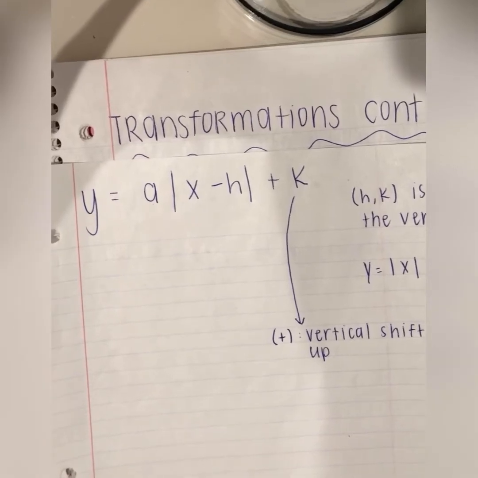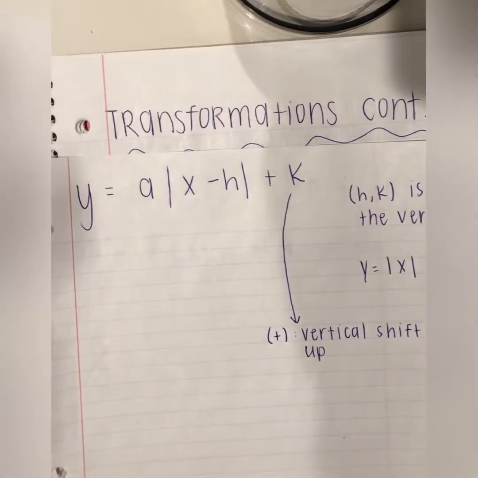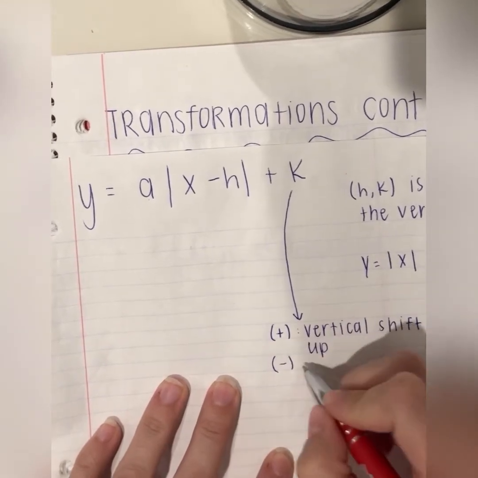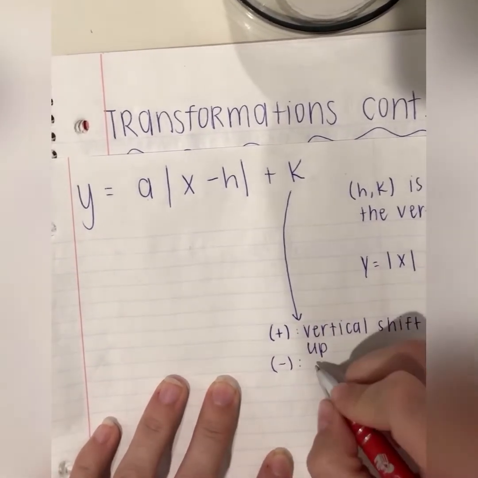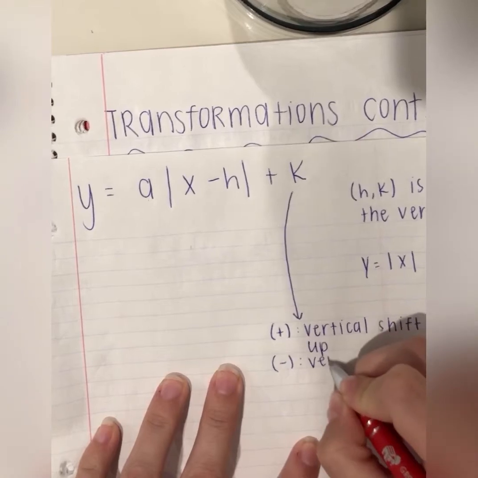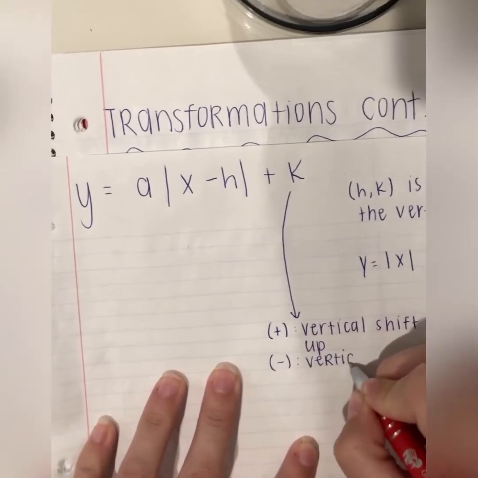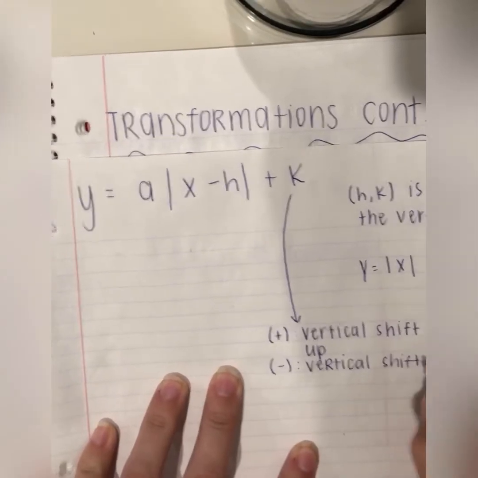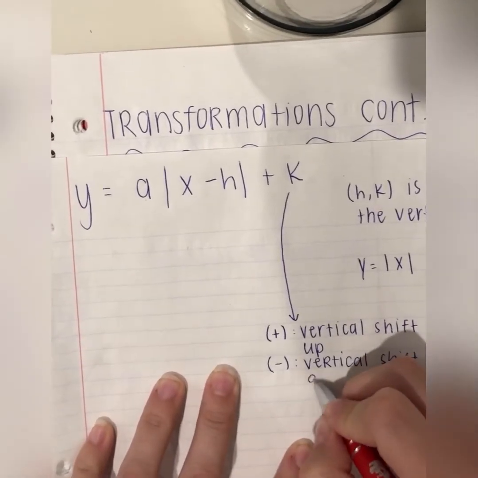Extra wobbly today. Sorry, guys. Okay. If that number is a negative or it's a minus some number, then we have a vertical shift down.